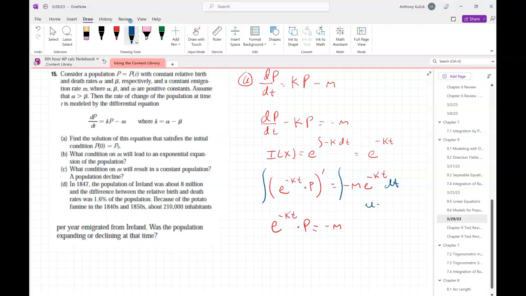It's an easy u sub. So when I do my antiderivative, I end up with e to the negative kt over negative, it should be k, plus C.